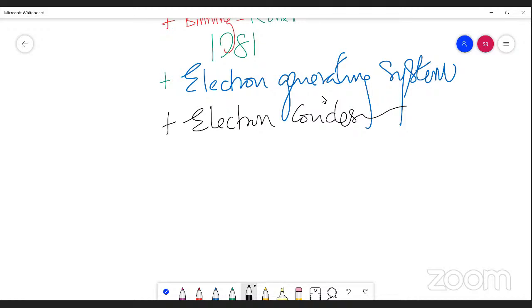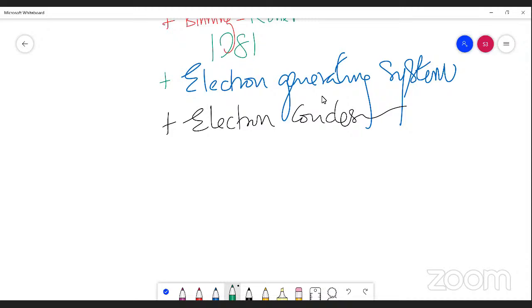So simply, it controls the path of electrons which are going to fall on the specimen when we place it under the microscope, right?